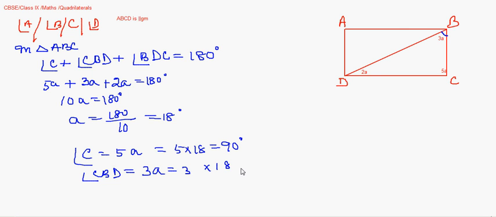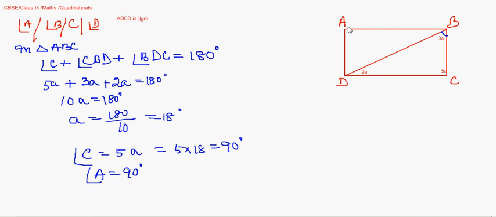Even if we don't do so, we can directly find, because if angle C is 90, angle A is also 90, as opposite angles of a parallelogram are equal.